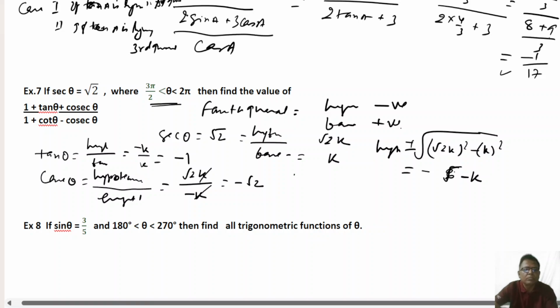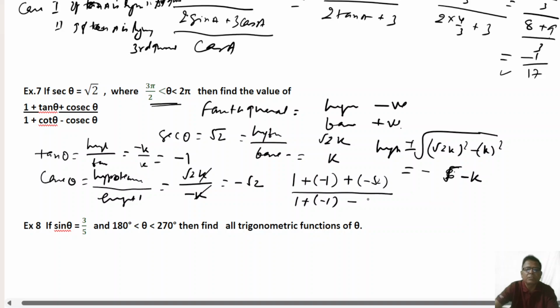Now you use that: 1 plus minus of root 2 divided by 1 plus cot theta, reciprocal of this, so it will remain minus 1, and minus cosec theta.